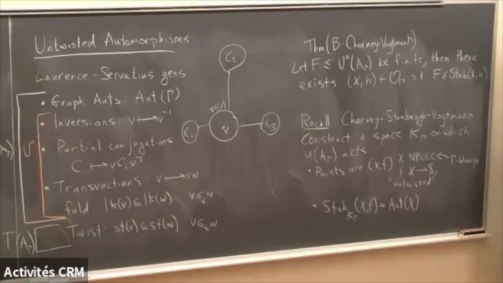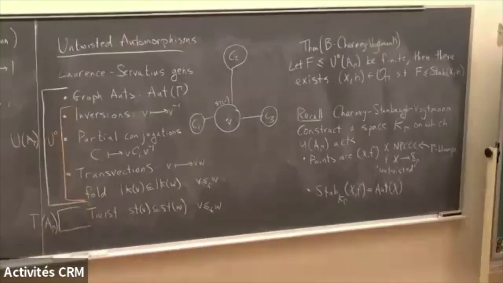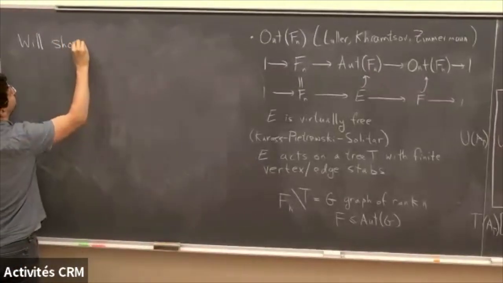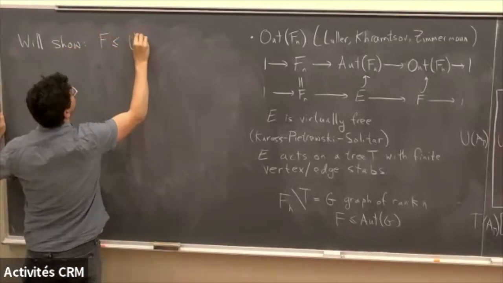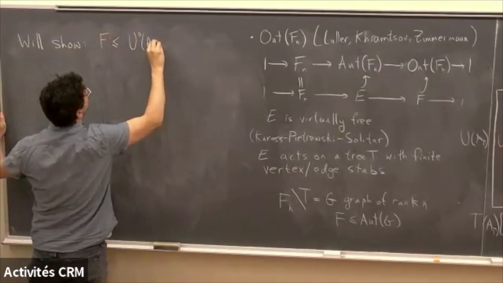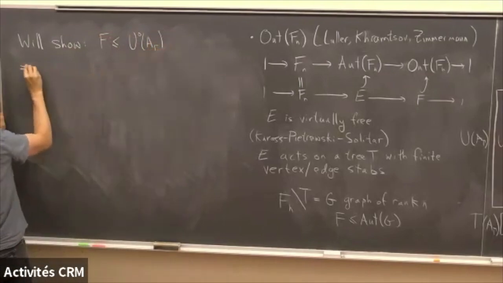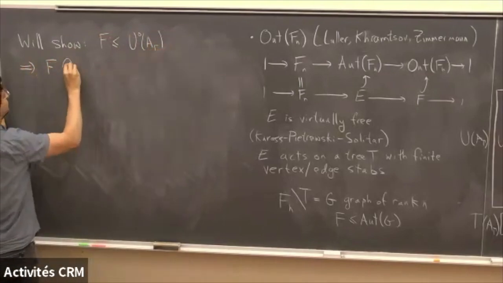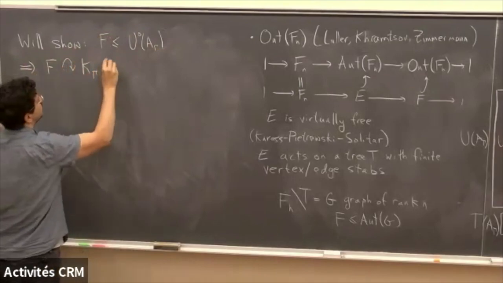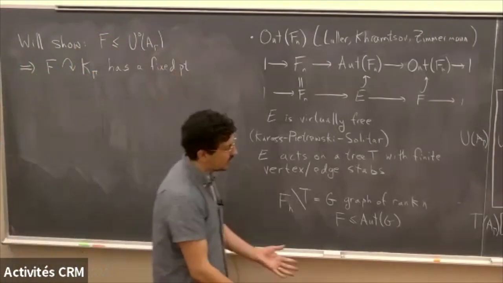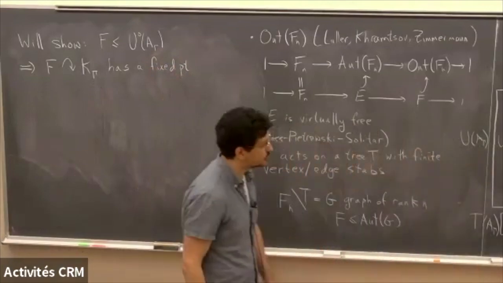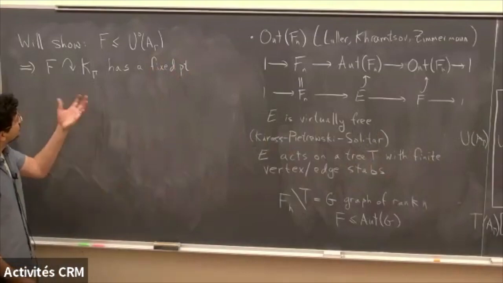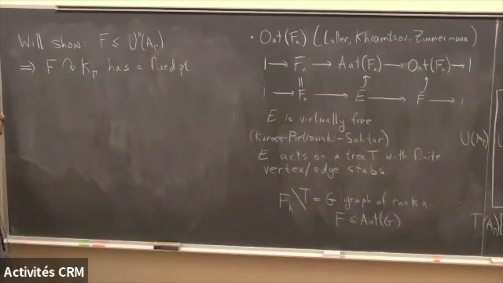So in fact, we'll show that if F is in U0 of A gamma, then F acting on this K gamma has a fixed point. So we're actually getting an NPC cube complex whose fundamental group is A gamma, and F is acting by cubical automorphisms.